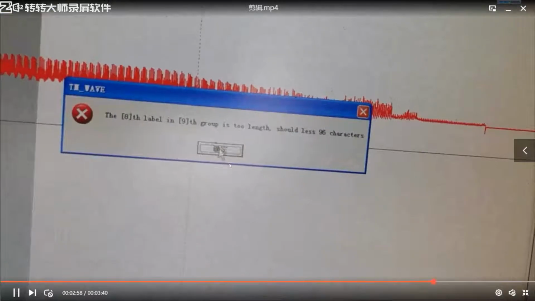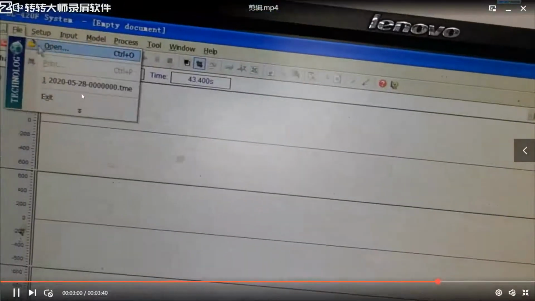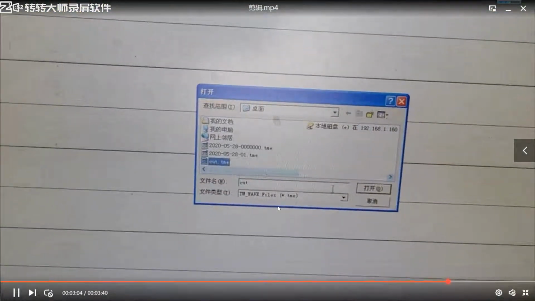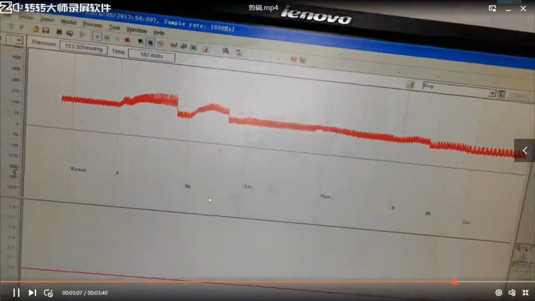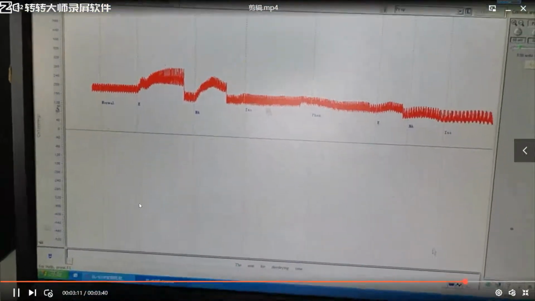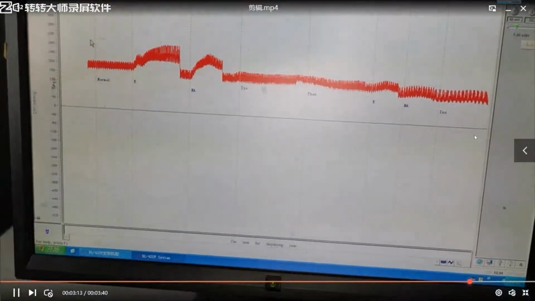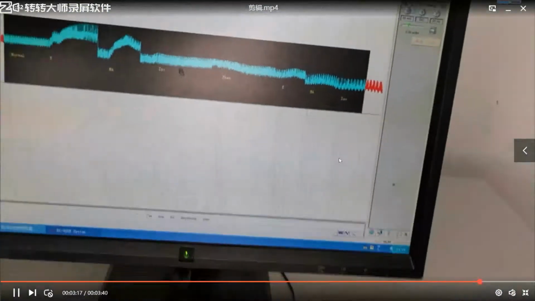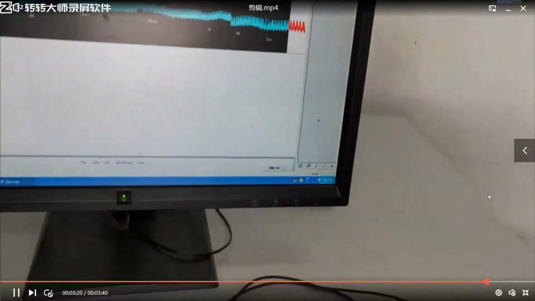Save the document. And in this system, open your chart document, and you can find your blood pressure curve. Copy this blood pressure curve into the Word document.